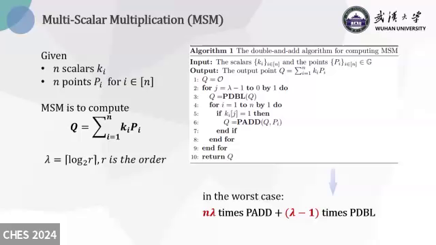It is similar to the fast exponentiation algorithm, but in the worst case, it requires up to n lambda PADD and lambda minus 1 PDBL, where PADD means the point addition and PDBL means the point doubling.